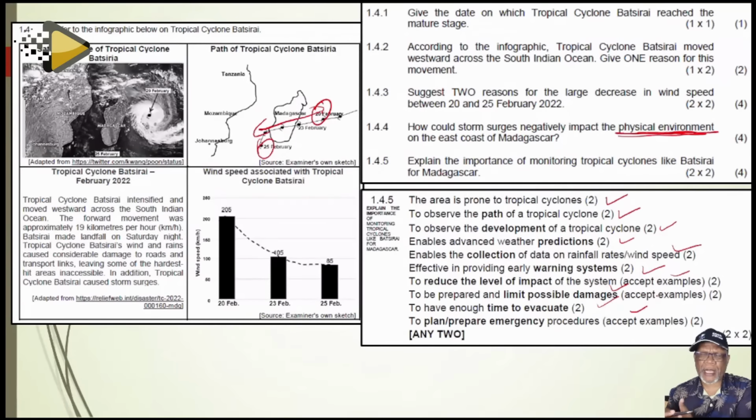This is an application question. Everybody should be able to give two answers here, explaining why it is important to monitor tropical cyclones. This has a lot of answers. Out of 100,000 learners, we expect to find 100,000 different answers.